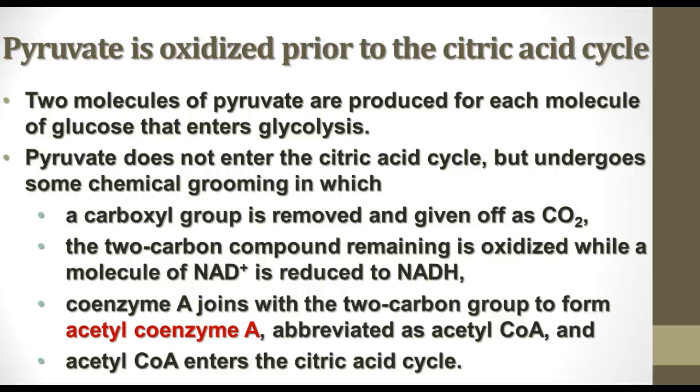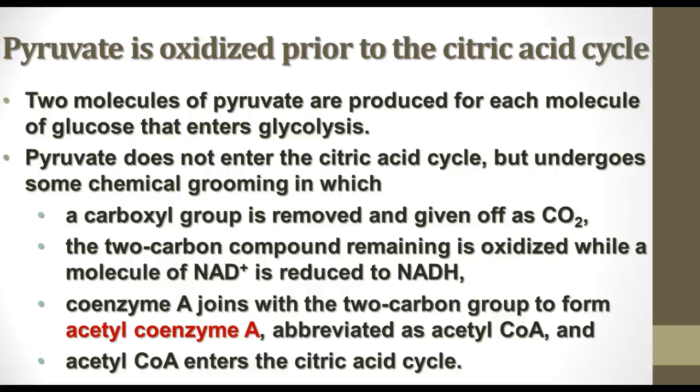The pyruvate itself doesn't enter the citric acid cycle, but it has to undergo what's called a chemical grooming before it can do that, in which we're going to remove a carboxyl group, that is a carbon with an oxygen and a hydroxyl or OH group attached to it. We're going to remove that and release a molecule of carbon dioxide.